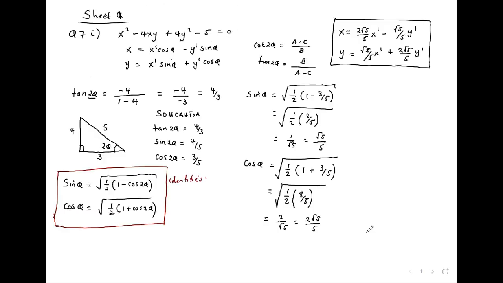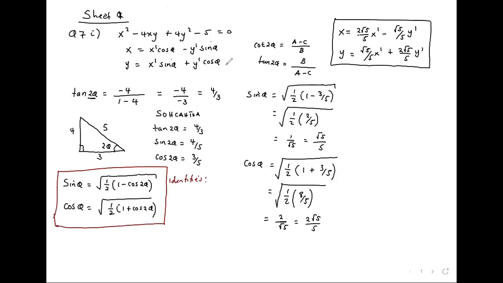What is y? y is root 5 over 5 x prime plus 2 root 5 over 5 y prime. Okay.